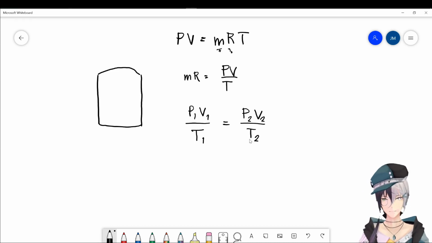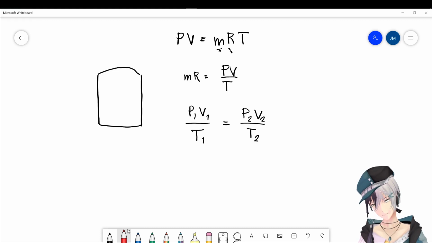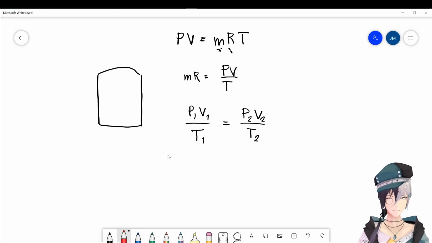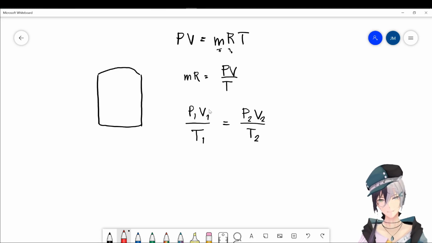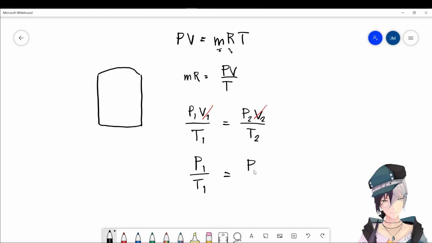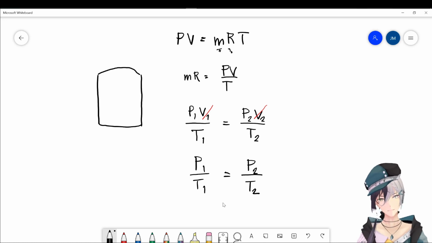At constant volume process, again, what's the term? Isometric. So V1 equals V2, so this is now cancelled. We are now left with P1 over T1 equals P2 over T2.